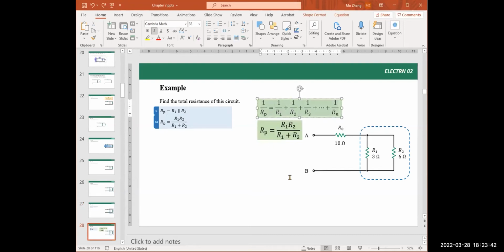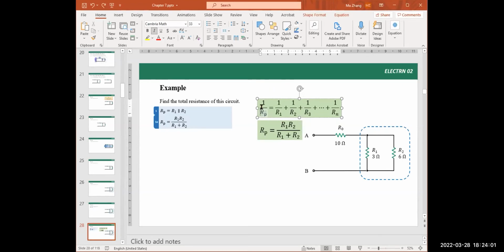The first one is the general formula. It has no special name, but most people call it the reciprocal formula because every term in it is a reciprocal. Reciprocal means 1 divided by something.